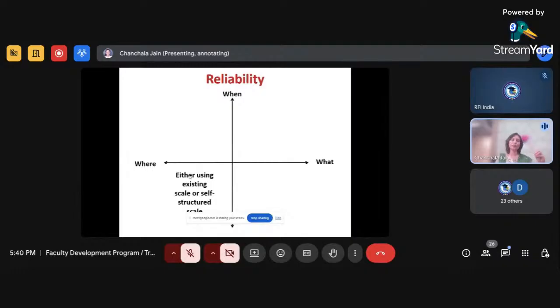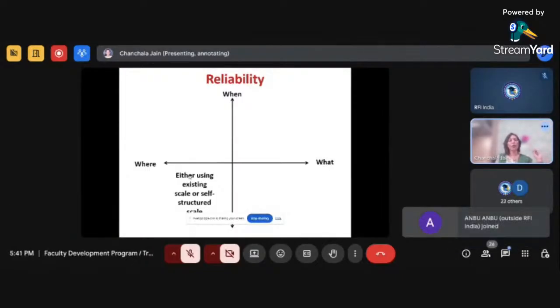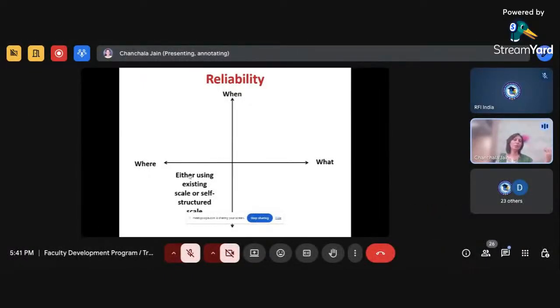If a questionnaire is already available, any other person has used it and it is tested by so and so person, and you are feeling that that questionnaire is useful in your study also, so maybe you can use the existing scale of other persons, right? So in that case also you need to check the reliability, right? Because quite obvious, the person who has developed that particular scale has developed it in maybe some different region, right?